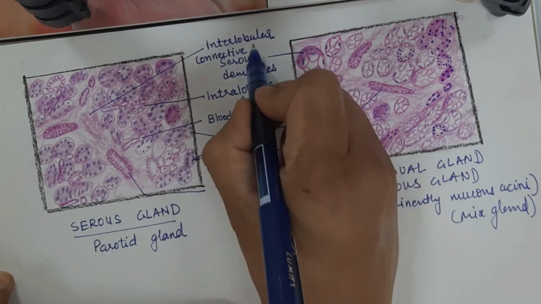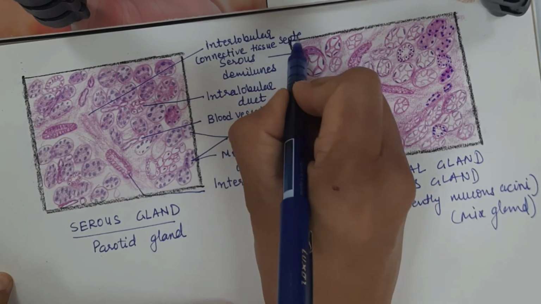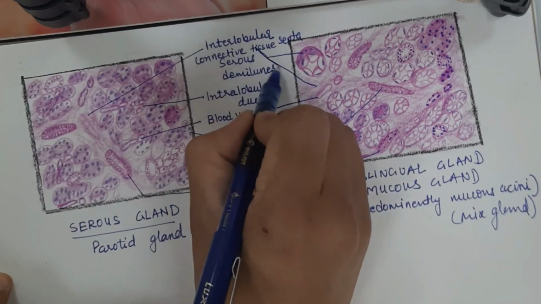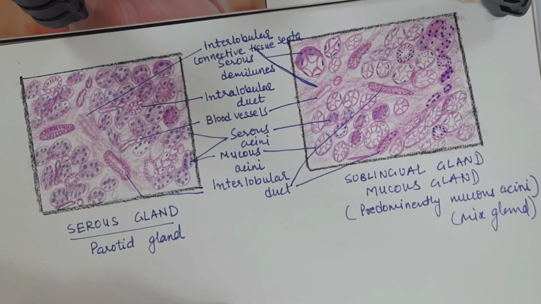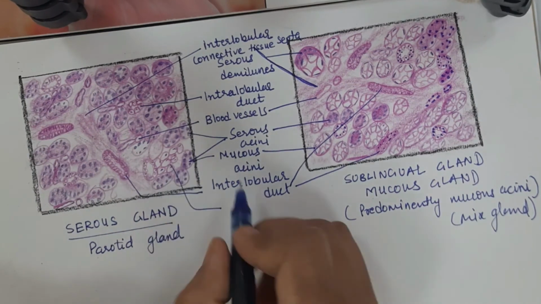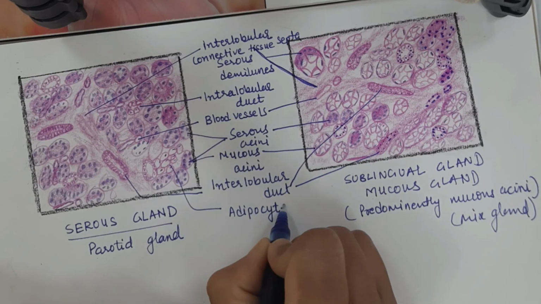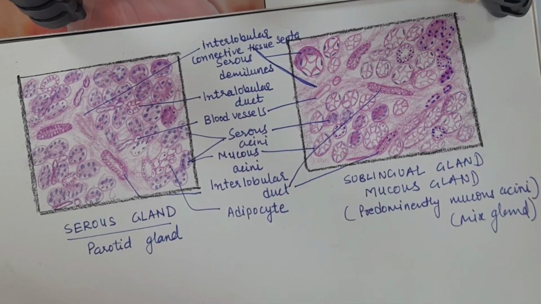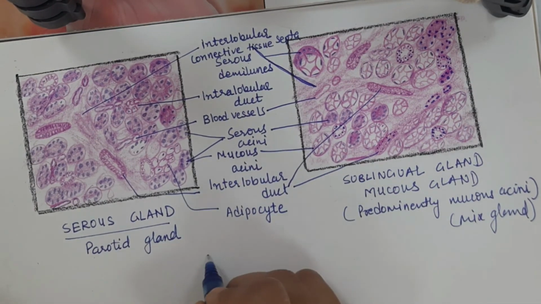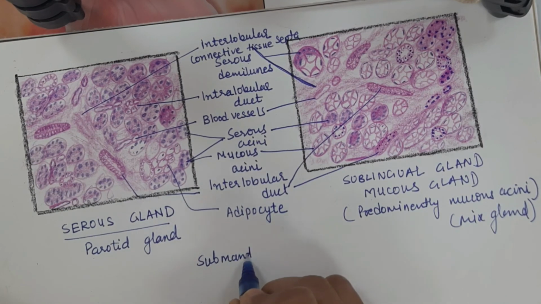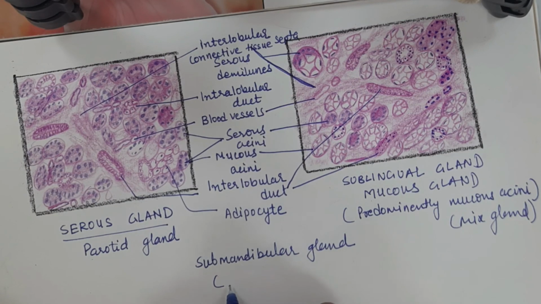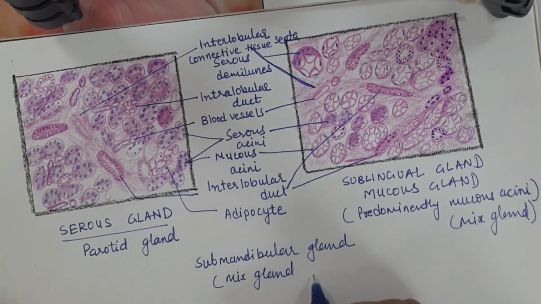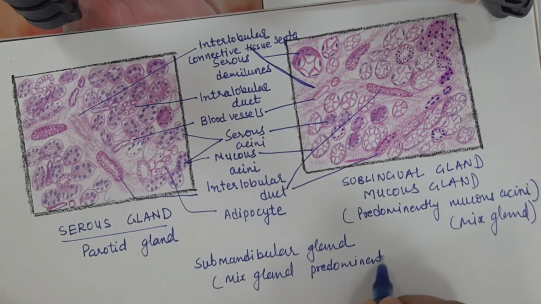Between the two lobes, it is an interlobular connective tissue. Fat cells, they are adipocytes. And the submandibular gland is a mixed gland but predominantly serous acini are present.